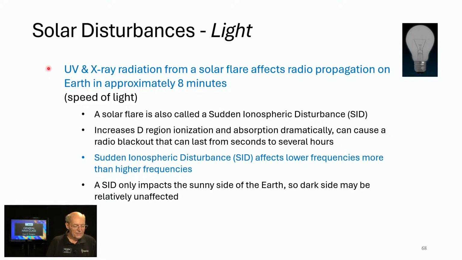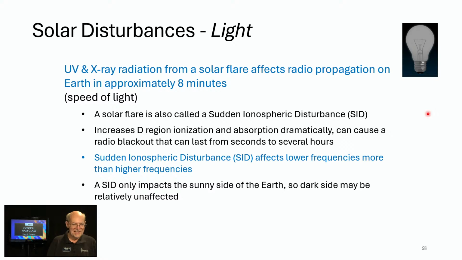All right. So UV and X-ray radiation from a solar flare affect radio propagation on the Earth in approximately 8 minutes. It was the speed of light we were talking about. A solar flare is also called a sudden ionospheric disturbance, or SID, not to be confused with sudden infant death syndrome.